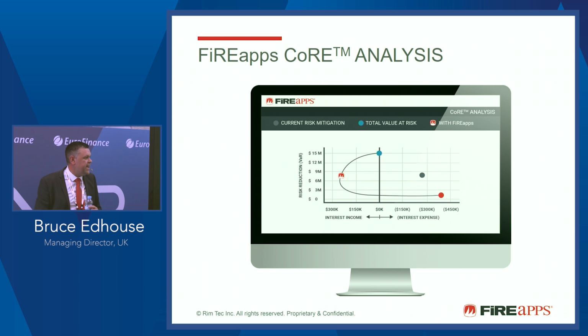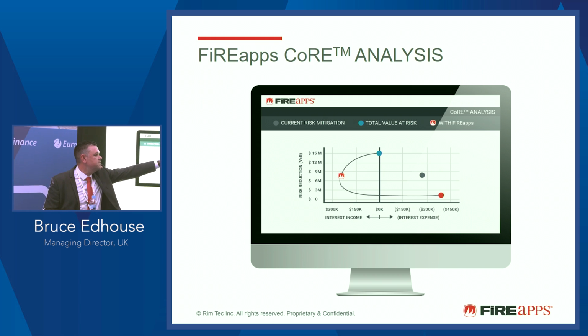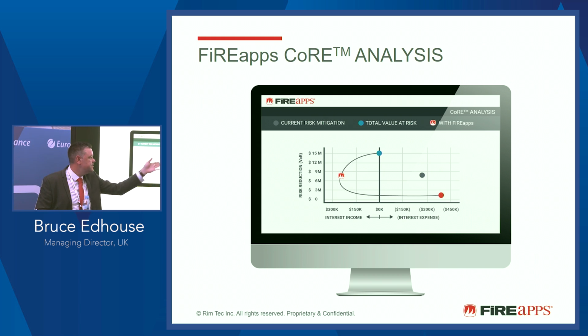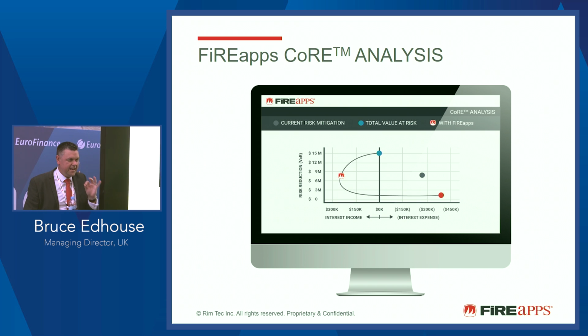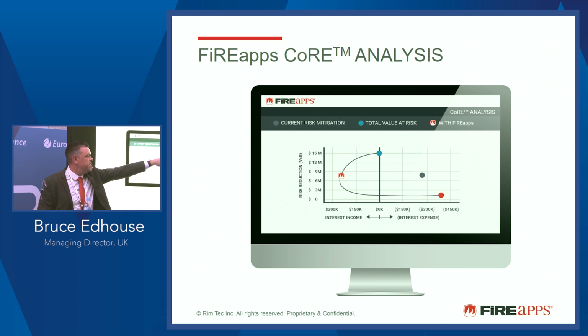One of the screens and one of the key things when you're looking at your exposure is what we call our core analysis. So core analysis allows me to look at what is the value of all of my FX risk at the moment. It's 15 million. If we did nothing, we're exposed to 15 million of risk. What FIREapps can then help you to do is if we were to hedge these currency pairs, they have a positive interest income.